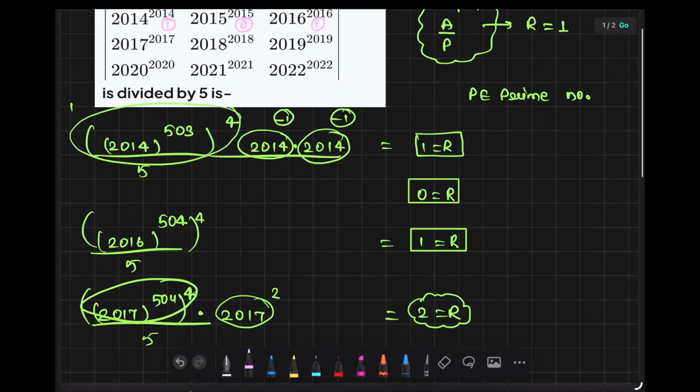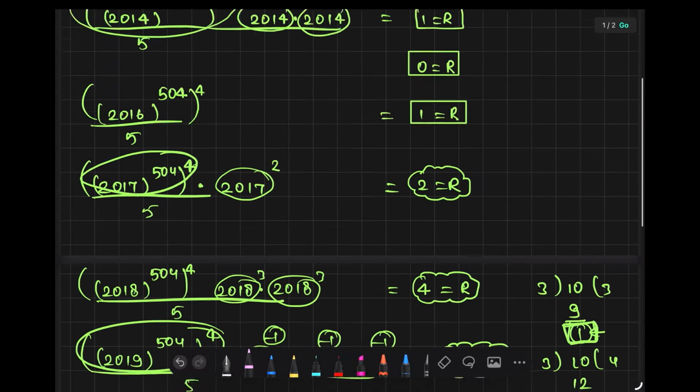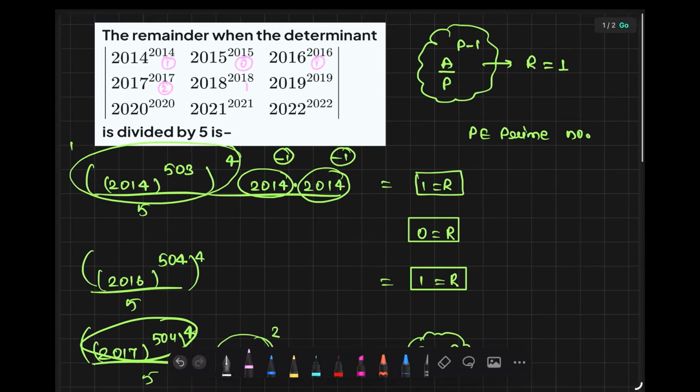Here we are getting 2, then 2 times 2 we are getting 4, and here we are getting 4. Here we are getting 0. Now look at this, this is 2021, so can I write 2021 to the power 4, and here I will write 505.